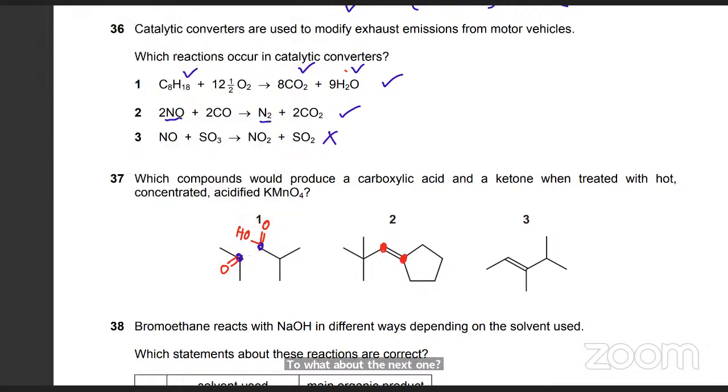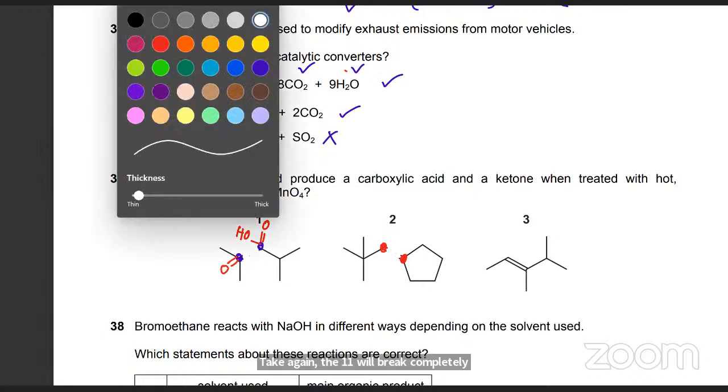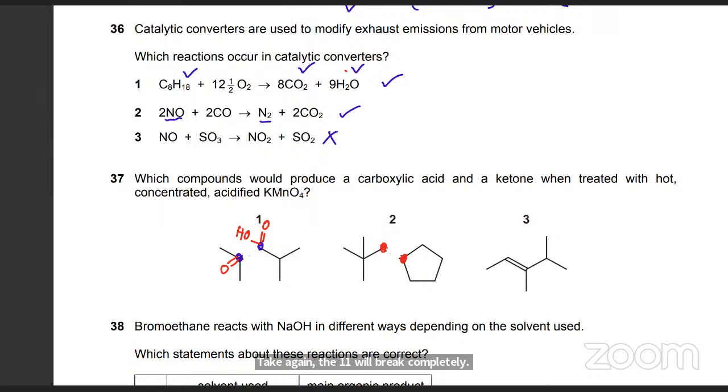Again, the double bond will break completely. And in the middle, this one will be a carboxylic acid. It has 1 carbon chain attached to it. And this one will be a ketone. It's got just 1 carbon chain. So carboxylic acid, this one has 2 carbon chains. So that's ketone. So last one.